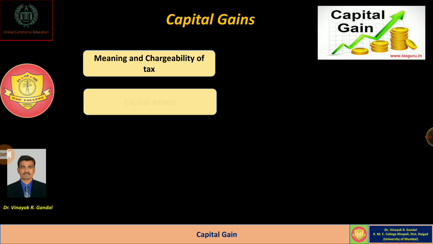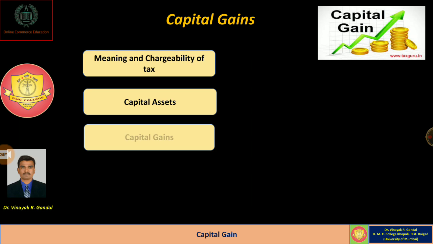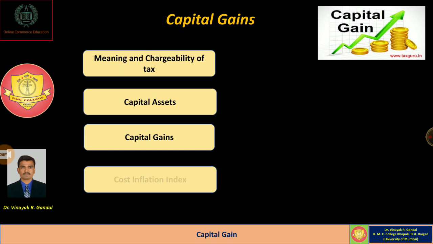Also we have to study various types of capital assets, like short-term capital asset and long-term capital asset. We will also see various types of capital gains, like short-term capital gain and long-term capital gain. And we have to understand the cost inflation index for the purpose of calculation of long-term capital gain.